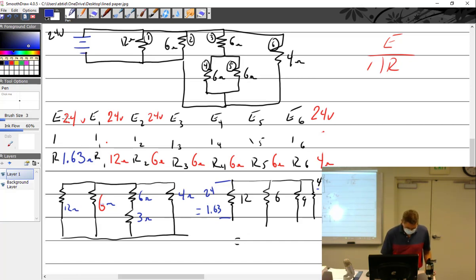I got 14.72. I got 24 divided by 1.63 equals 14.7. Okay. I was trying to do a shortcut.